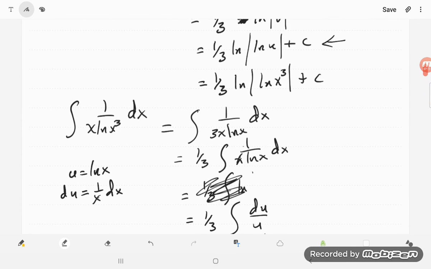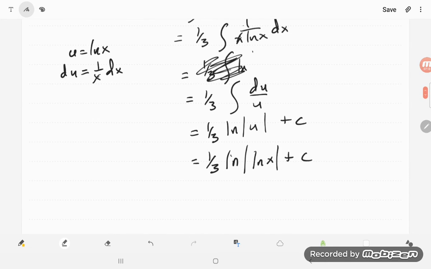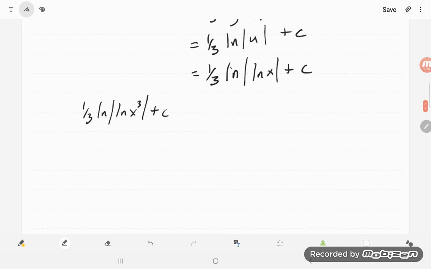So let's take the 1/3 natural log of the absolute value of the natural log of x cubed plus c. And now I can write that as 1/3 the natural log of 3 natural log of x plus c.